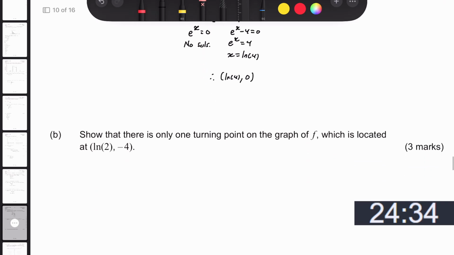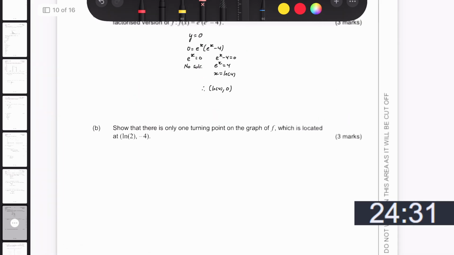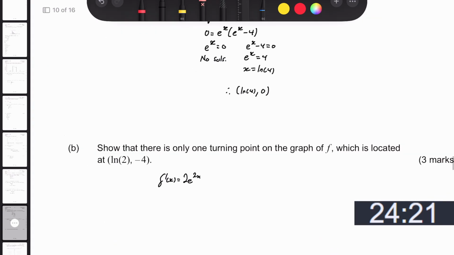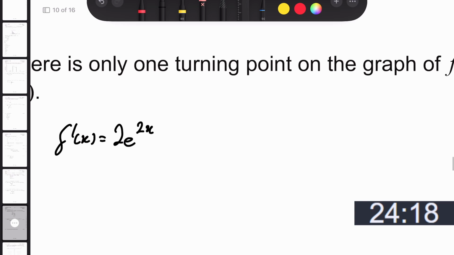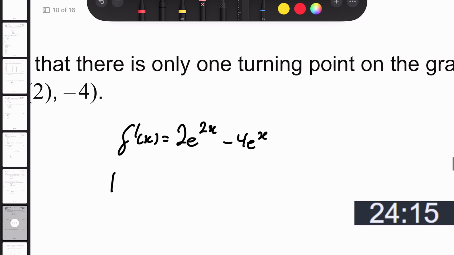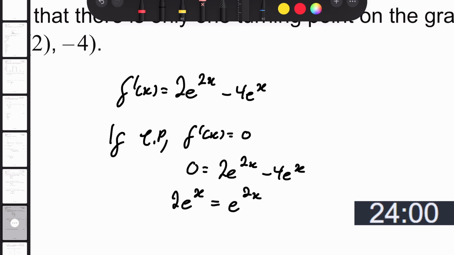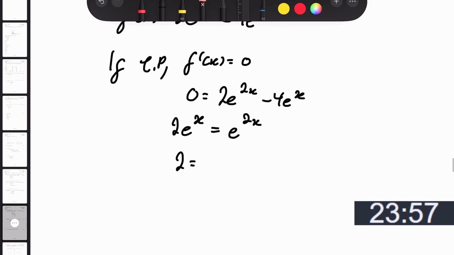Show that there is only one turning point on the graph of f, which is located at (ln 2, negative 4). So f dash of x is going to equal 2e to the 2x minus 4e to the x. If turning point, then f dash of x will be equal to 0. So 0 is equal to 2e to the 2x minus 4e to the x. So 2e to the x is going to be equal to e to 2x. So then 2 is going to be equal to e to the x.